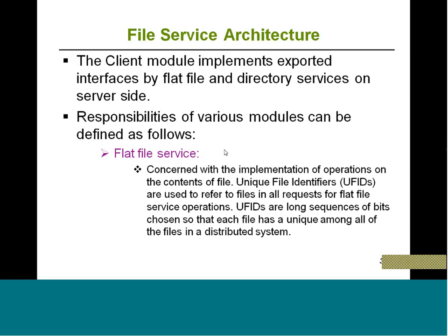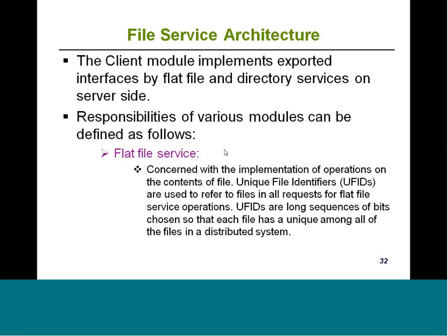In a flat file service, all the files are assigned a unique file identifier, or UFID. Since the files themselves are uniquely named, it's easy to obtain the file. While one system is accessing one of the files, other systems may not be able to access that same thing.